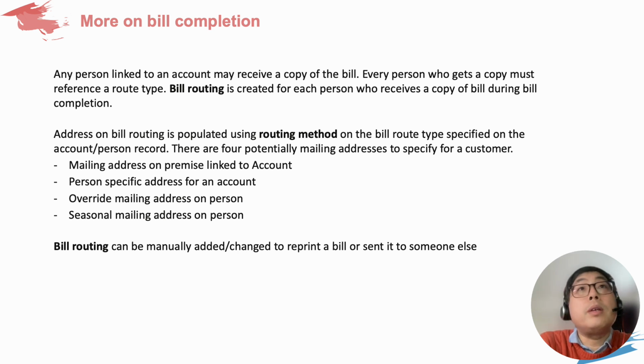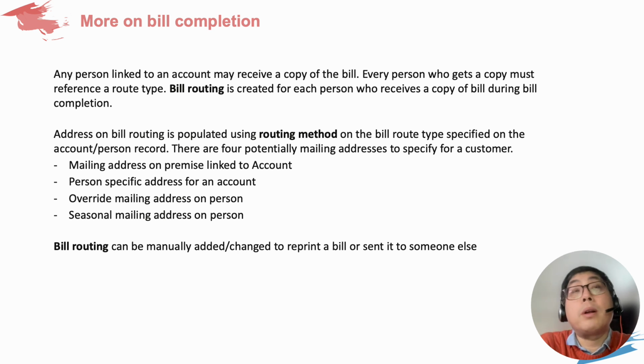Address on the bill routing is populated using the routing method on the bill route type specified on the account person record. There are four potential mailing addresses to specify for a customer. Okay, so first of all, I think in the last video we already talked about the bill routing type. This is a very important configuration object.